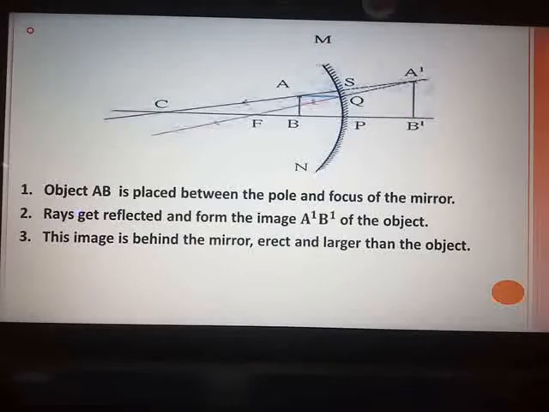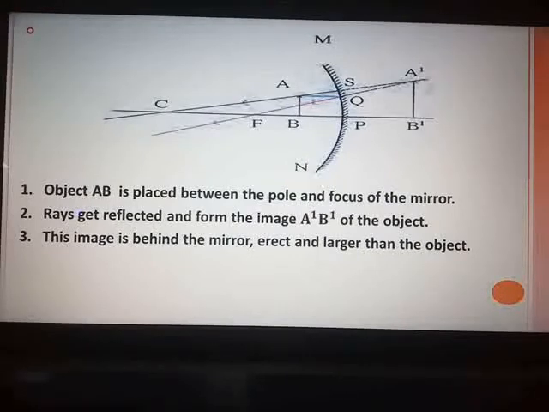Now where is this image? This image is behind the mirror. It is erect, it is not inverted, and again larger in size than the object. And as the reflected rays do not actually meet but appear to come together behind the mirror, such a type of image is called a virtual image.